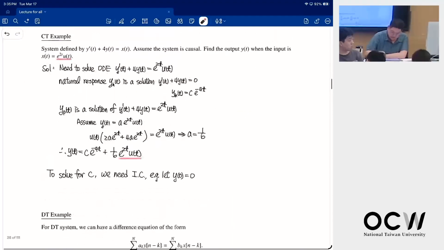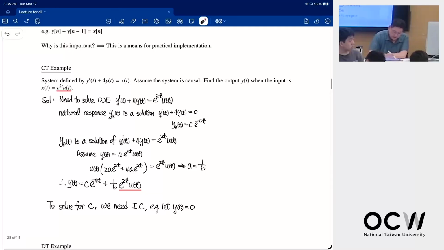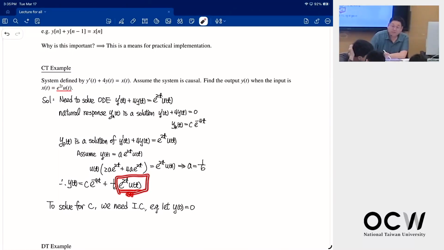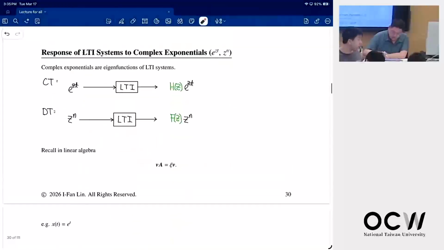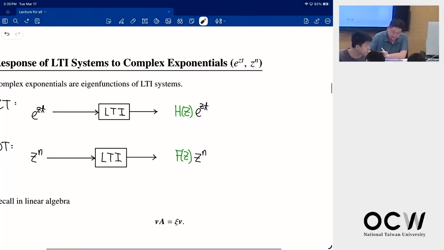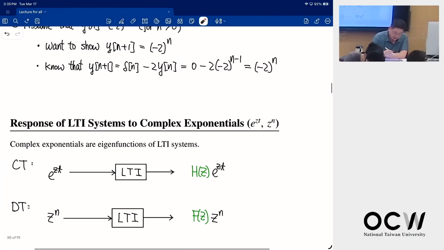Here I have input and output, input and output.